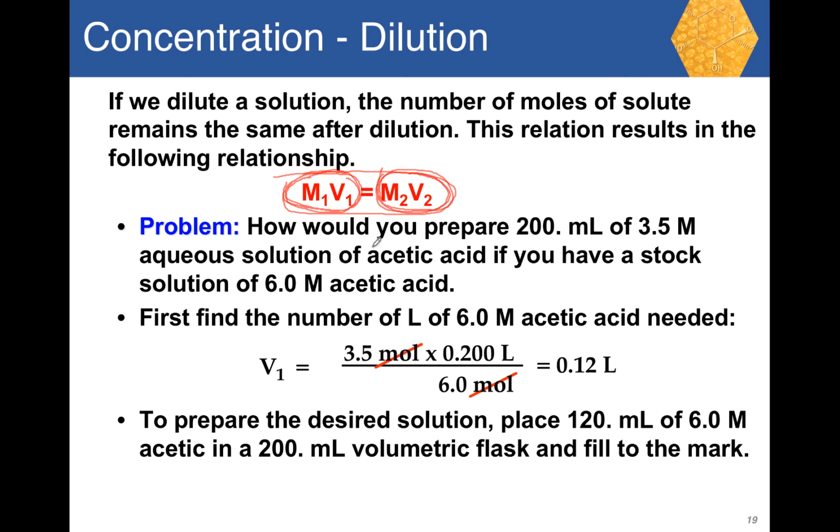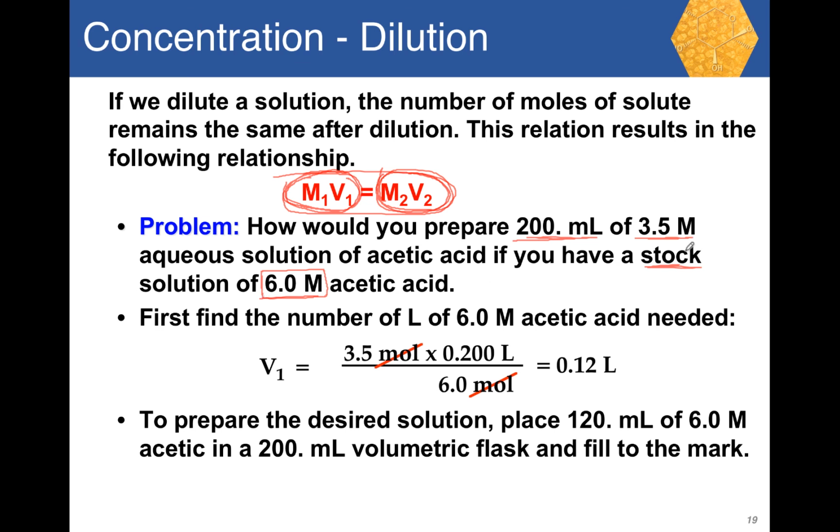So how would you prepare 200 mL of 3.5 molar aqueous acetic acid if you had a stock solution of 6 molar? So once again, this stock solution here is 6 molar, which means that is very concentrated. Remember, the higher the number, the more concentrated the solution.